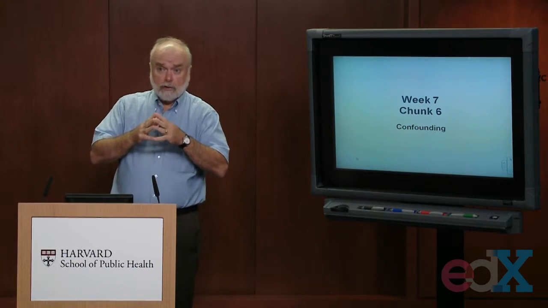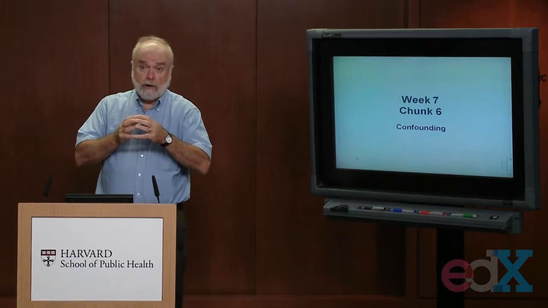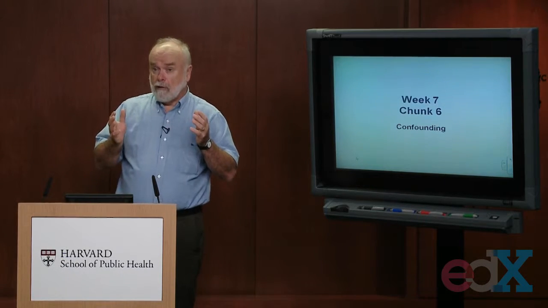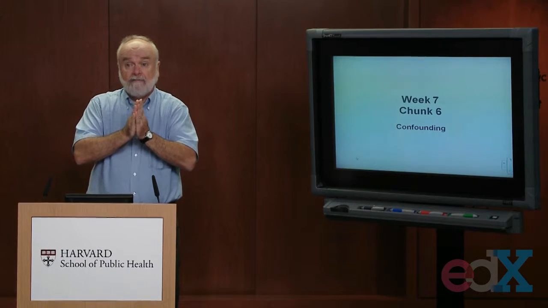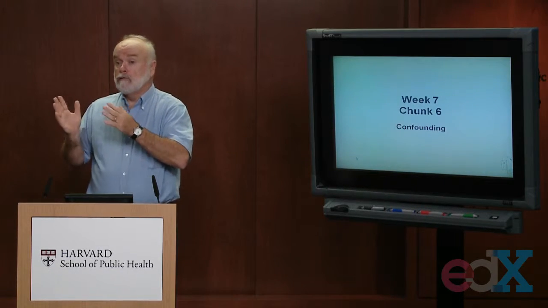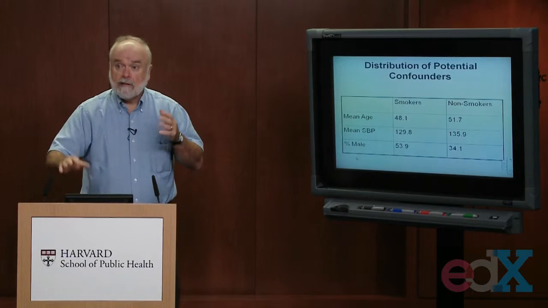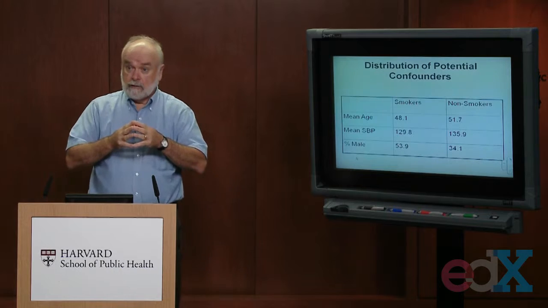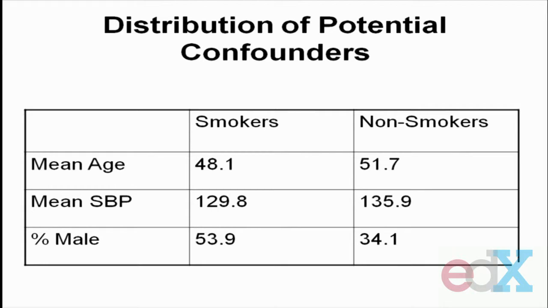Well, we'll talk more about confounding in much more detail in a couple of weeks, but I just wanted to show you some of the Framingham Heart Study to describe the group of people who were smokers at the 1956 exam compared to the group of people who were non-smokers at the 1956 exam. And here's the beginning of a Table 1 to describe to the reader the distribution of potential risk factors for your outcome among the smokers and among the non-smokers, to see how comparable, how balanced these two groups are.